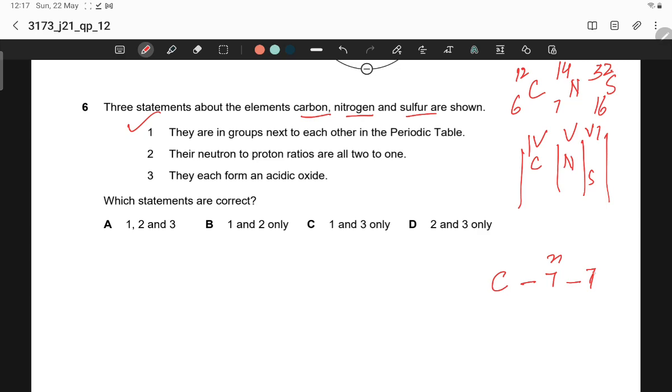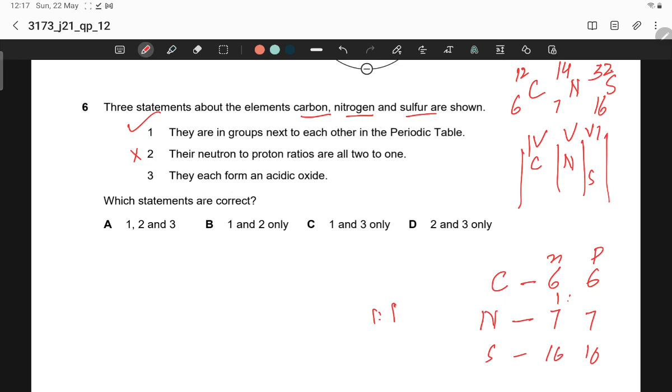There is a 1:1 ratio. So this statement is incorrect.